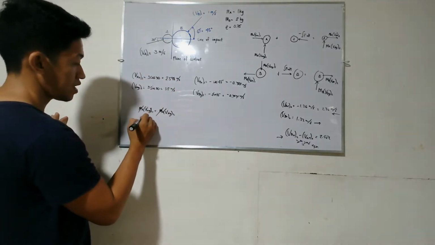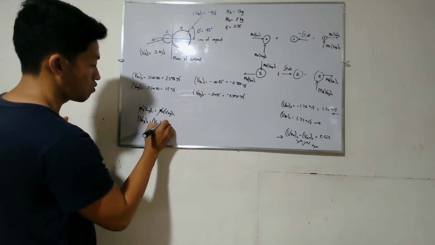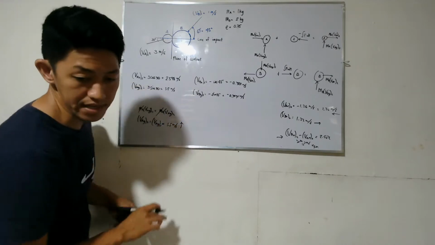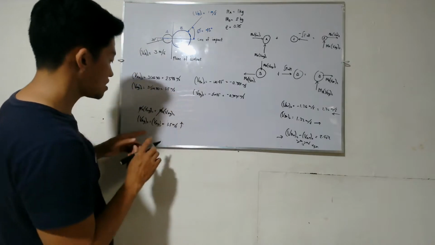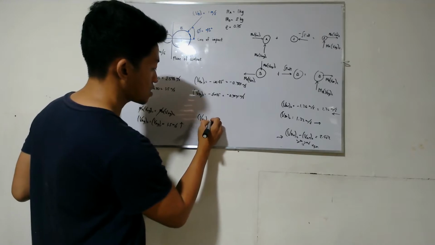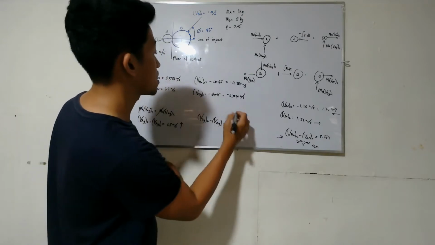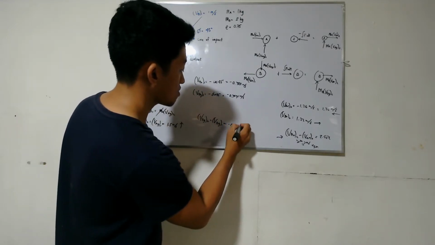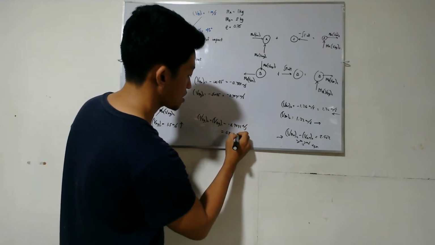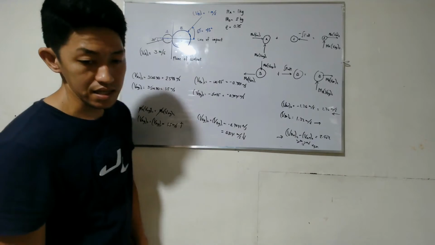So, VAY2 is just equal to VAY1, which is 1.5 meters per second, going upward. Okay, in the same way for B, velocity VBY2 is just equal to velocity VBY1, which is negative 0.7071. So the answer is 0.7071 meters per second going downward. Okay? So, that's it.